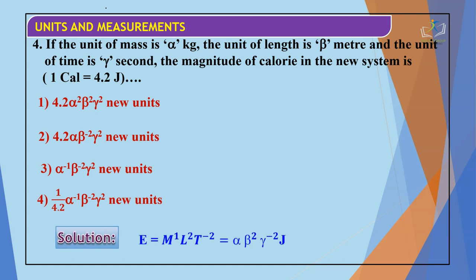So we know that any kind of energy has the dimension formula ml to t minus 2. Now the value of m is alpha, L is beta, so beta squared, gamma minus 2, this is in joule. According to that, the correct option for this question is the second one, because this is in calorie and 1 calorie is already given as 4.2 joule.